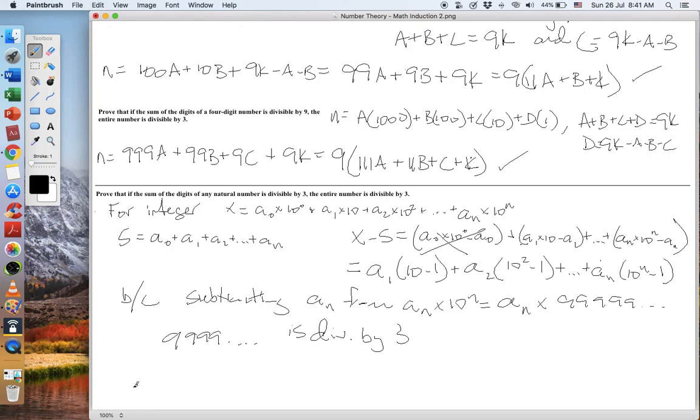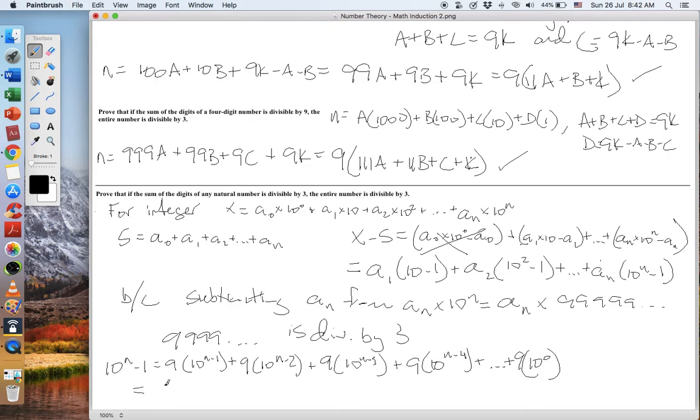And so we could take it a step further and say that 10 to the n minus 1 is equal to 9 times 10 to the n minus 1 plus 9 times 10 to the n minus 2 plus 9 times 10 to the n minus 3 plus 9 times 10 to the n minus 4 plus dot dot dot 9 times 10 to the 0, or 9, which equals, taking it yet another step further, even though I think we've already proven our point, 3 times 3.